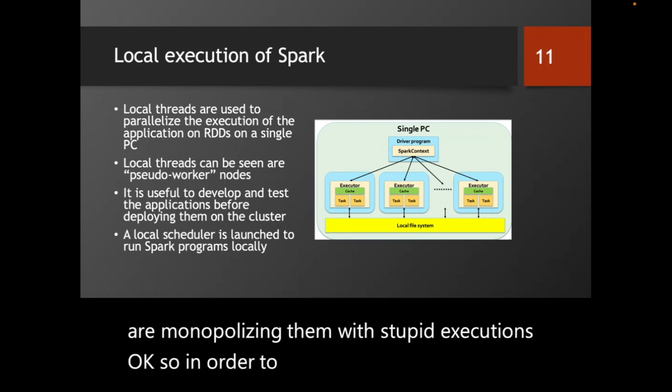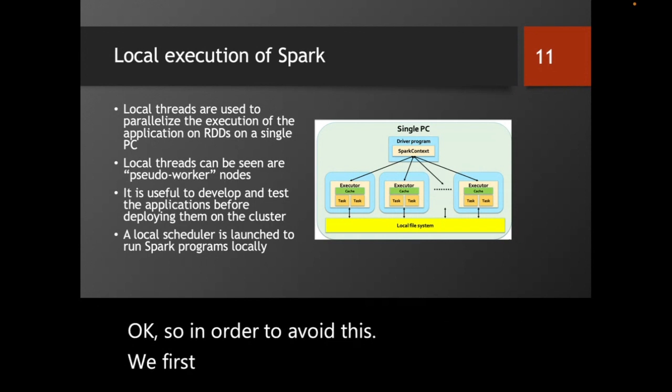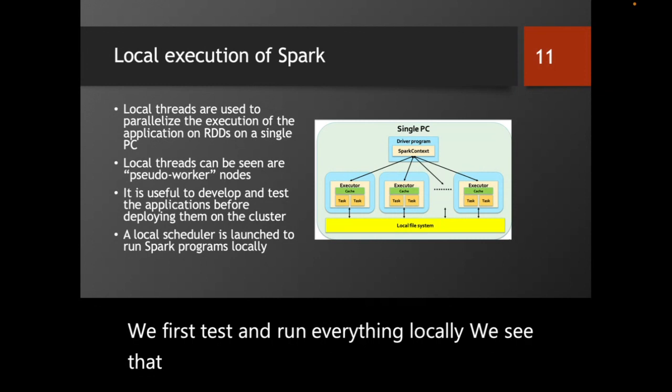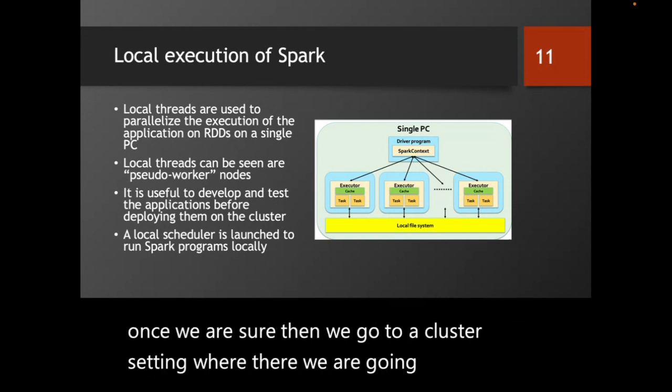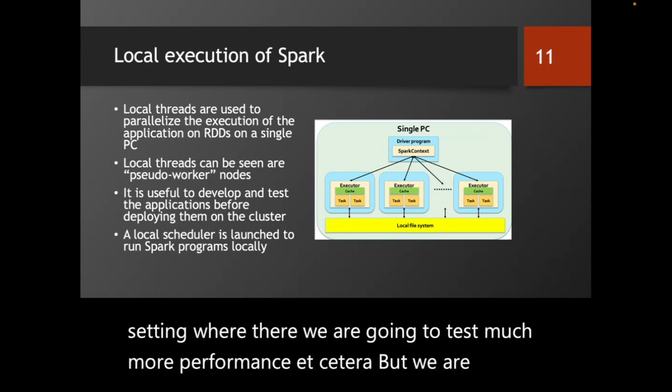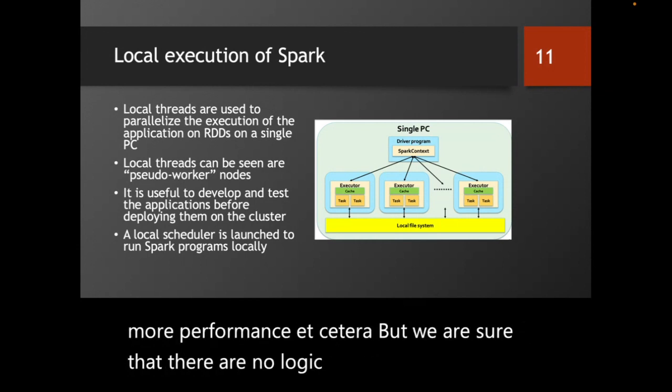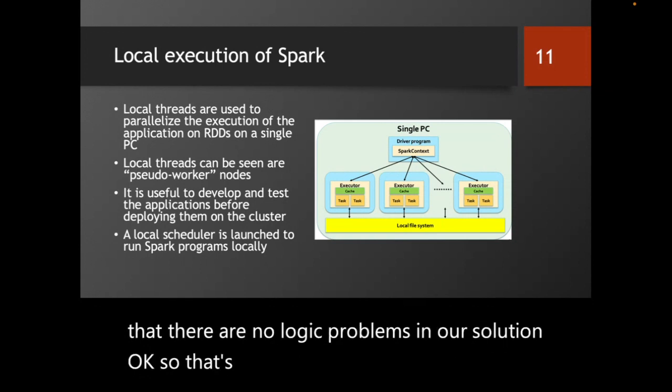So in order to avoid this, we first test and run everything locally. We see that it works right, logically speaking. And then once we are sure, we go to a cluster setting where we are going to test much more performance, etc. But we are sure that there are no logic problems in our solution. Okay, so that's the way it works.